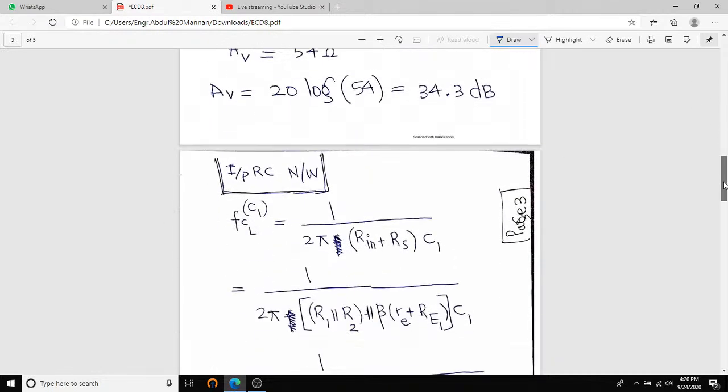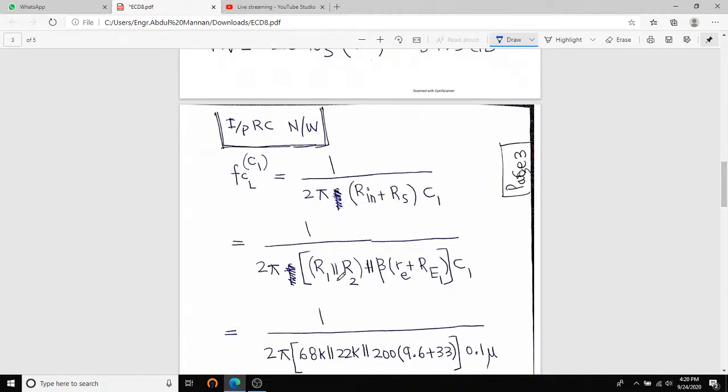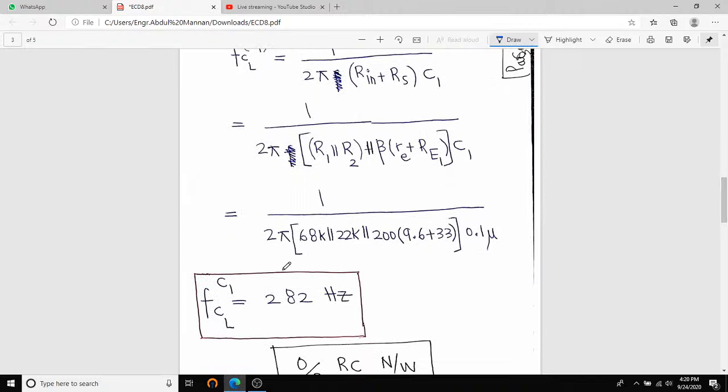So we write this expression as R1 in parallel with R2 in parallel with beta times re plus the portion of RE that is not bypassed by the bypass capacitor. Putting these values in, we get it to be 222 Hertz.